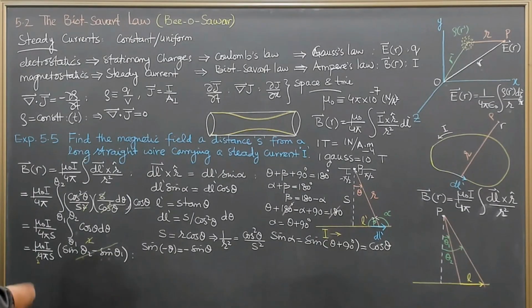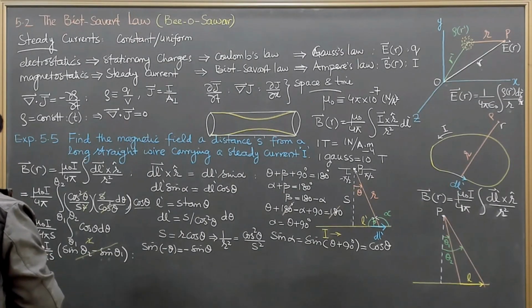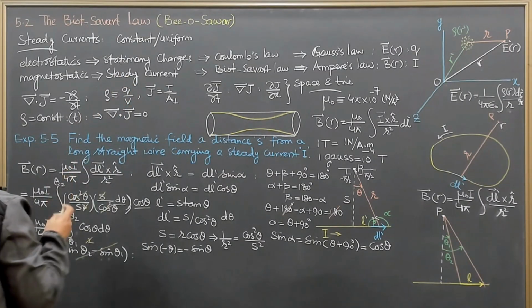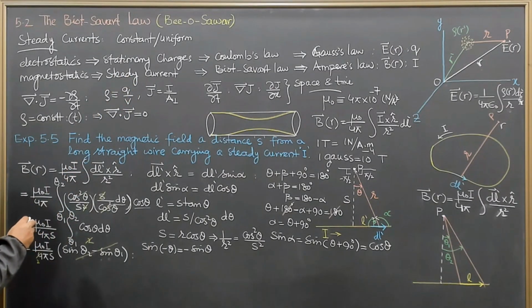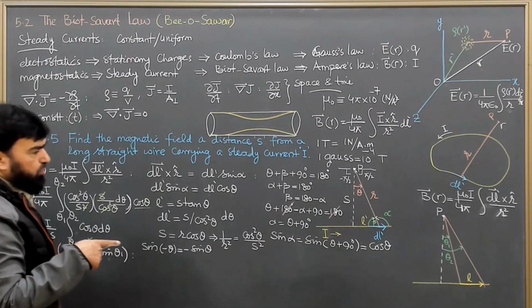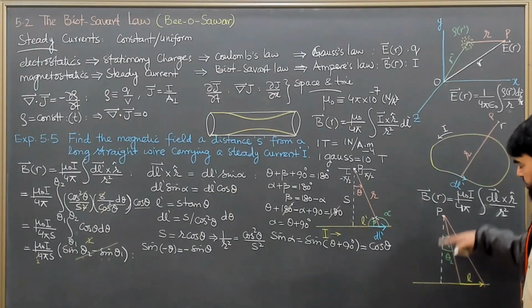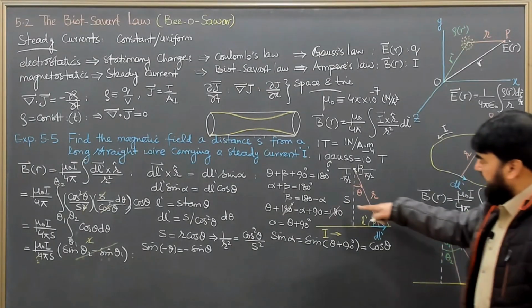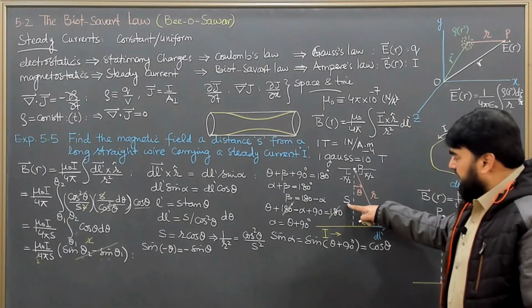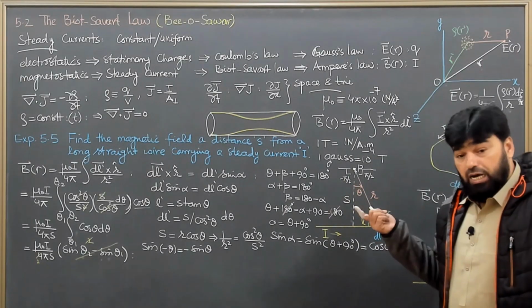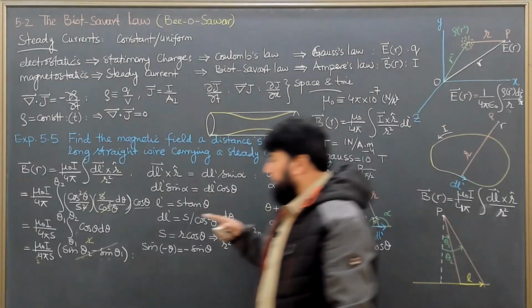So we are having B of R is mu naught I over 2 pi S. And here for S, we are having this distance from the source to the observation point. From the source to the observation point, the distance is S. And if you remember, we were having this distance equal to R. This R here.